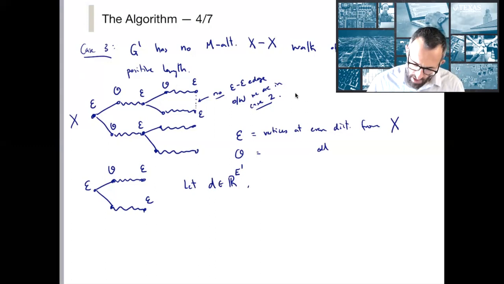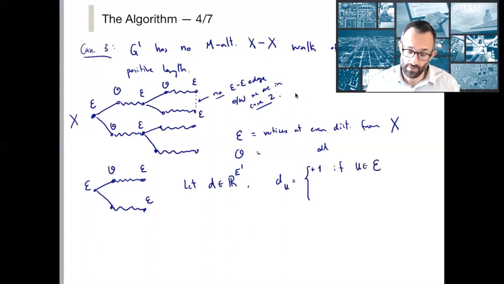And let's define this such that du is equal to +1 if u is in this set of even nodes, and it's equal to -1 if u is in the set of odd nodes, and it's equal to 0 everywhere else.